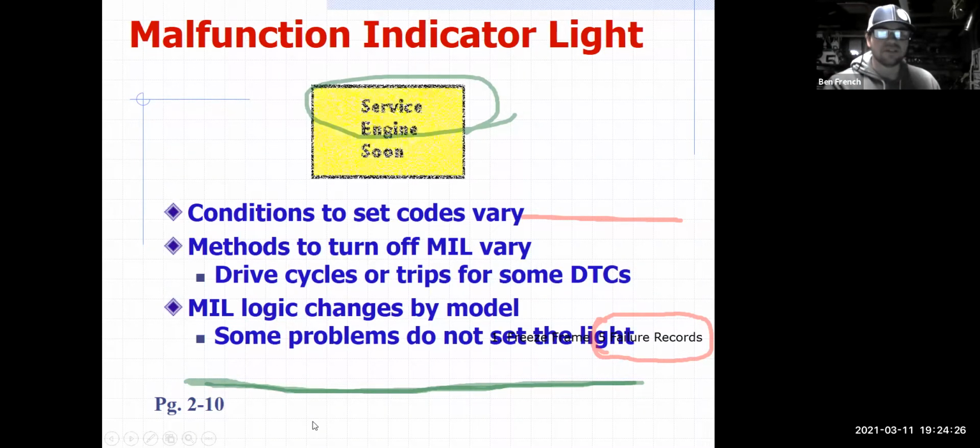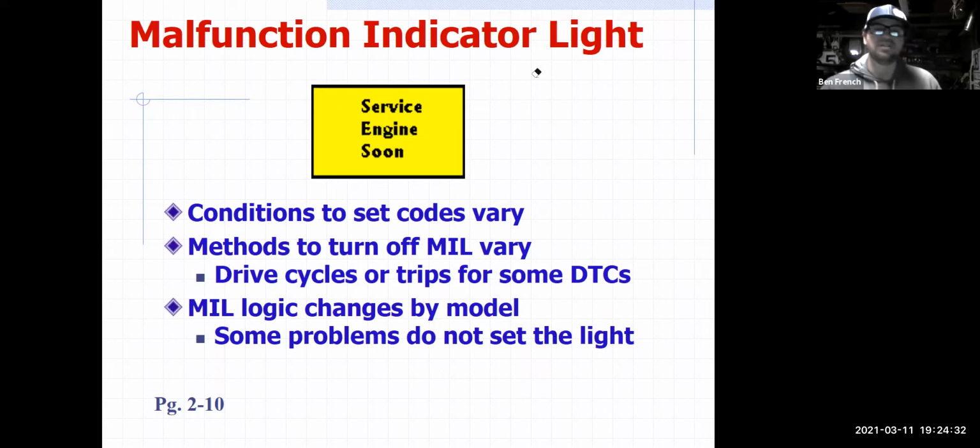Okay, so remember, if the service engine soon or the MIL is on, the car set a code, the first thing I'm going to do is pull those codes. Like we talked about a few weeks ago, the conditions to set the codes vary, okay?